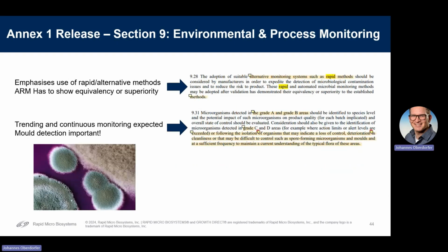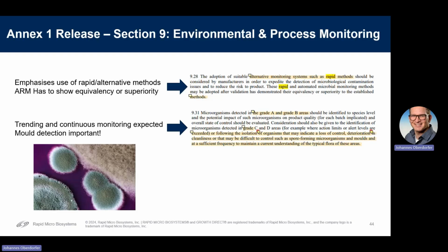For mold trending, there's a bit of a different interpretation, where you can see in 9.31 that following the isolation of organisms that may indicate a loss of control, deterioration of cleanliness, or that may be difficult to control, such as spore-forming microorganisms and molds, and at a sufficient frequency to maintain a current understanding of the typical flora of these areas.